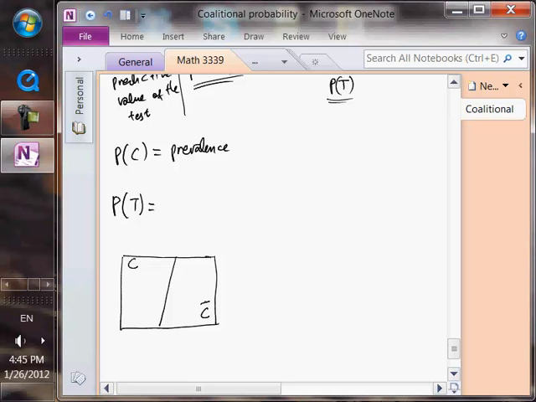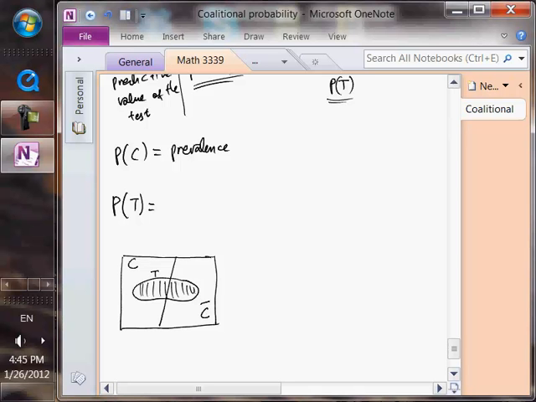Is that clear? Now, when you test, let's say T is to have a positive test, is to be inside, pictorially, inside this set, and outside of this is T bar. You tested negative.